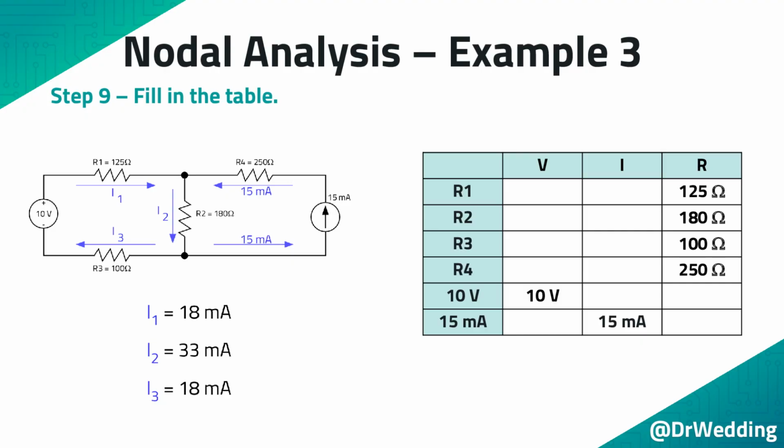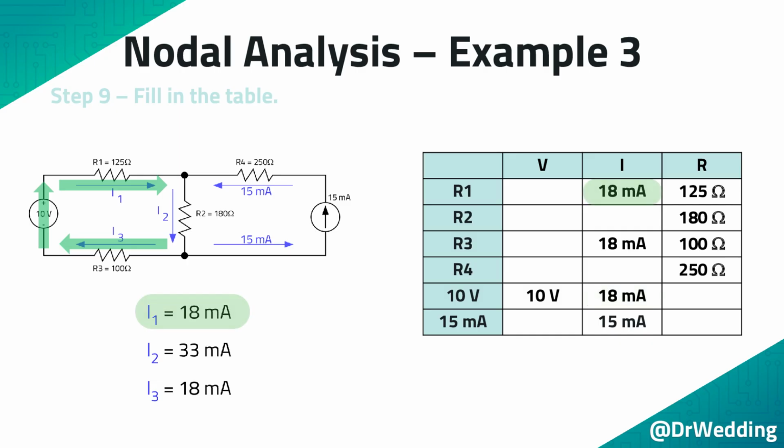Step 9. Fill in the table. Start with the currents you just calculated. From your knowledge of series circuits, you can see that the total current exiting the 10-volt supply, the current through R1, and the current through R3 are all 18 milliamps. The current through R4 is the same as the current exiting the current supply.